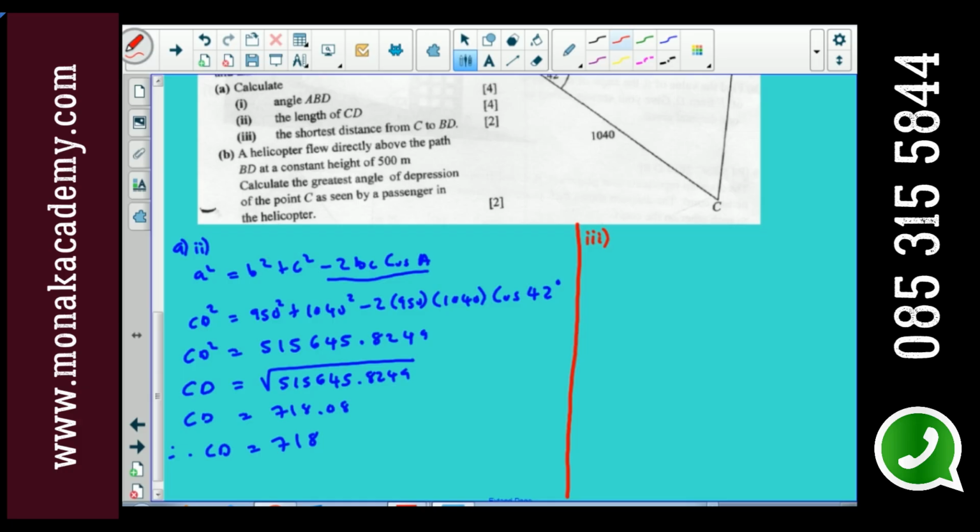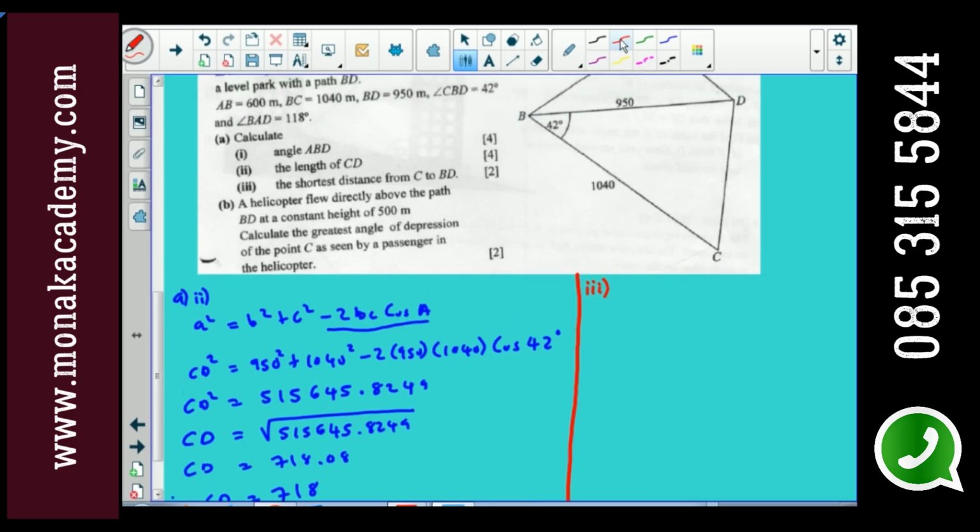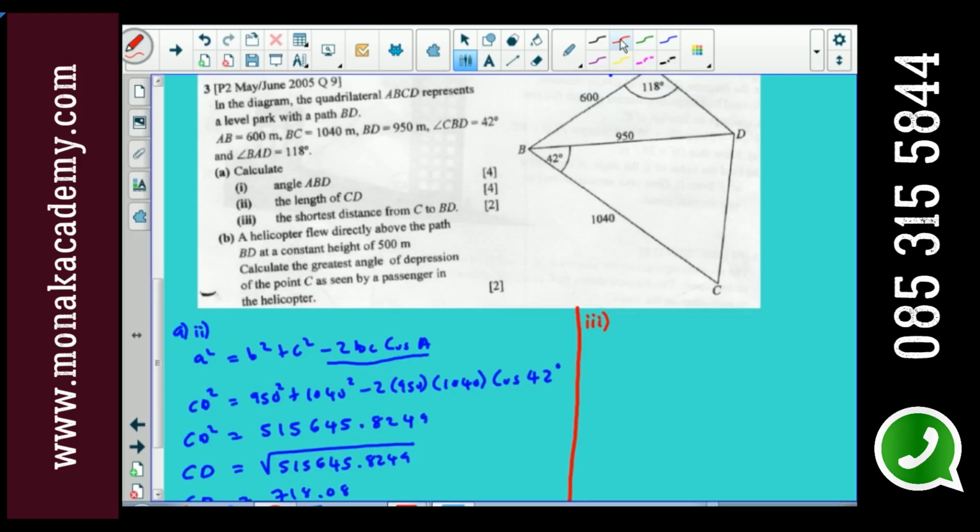So it's similar to what we've done in that other question, where they wanted the height of A from a certain line. So they want the shortest distance from C to BD.